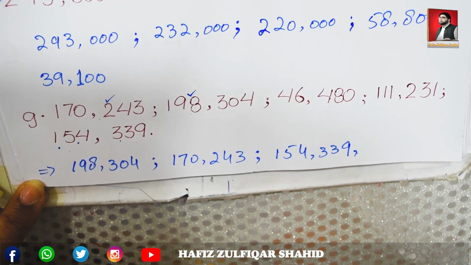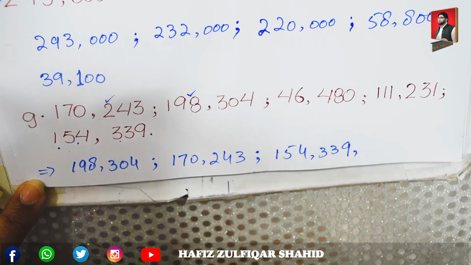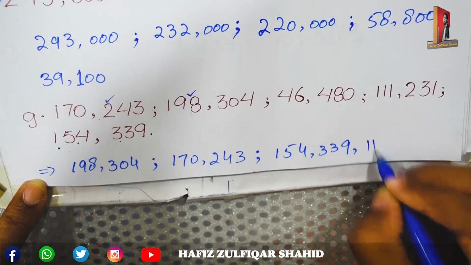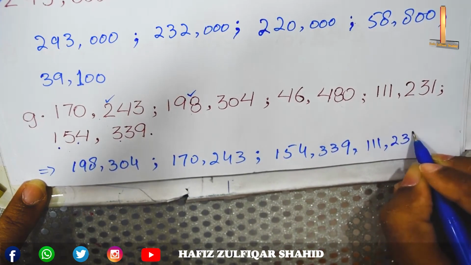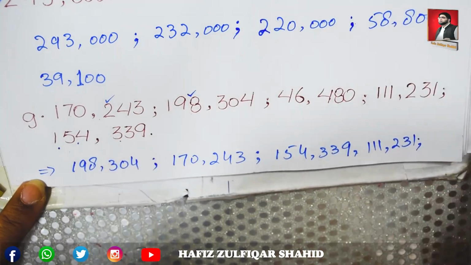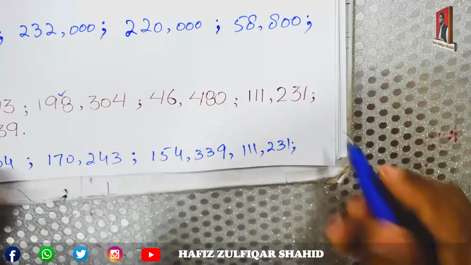Now we have 2 values to compare. 111,000 and 46,000. So 111,000 is greater than. In the last we will write 46,480.